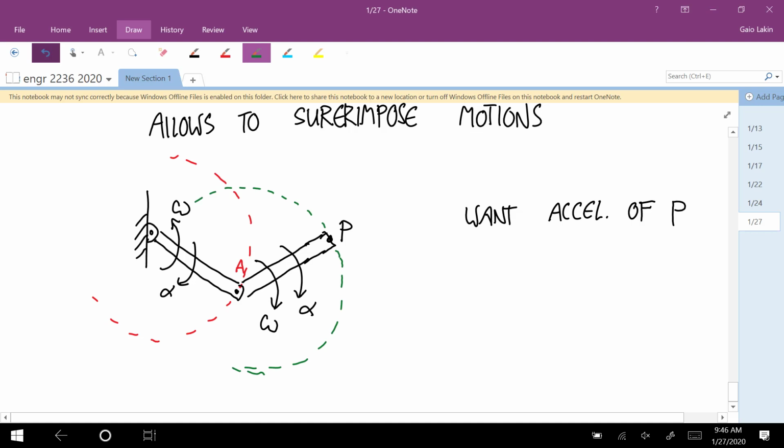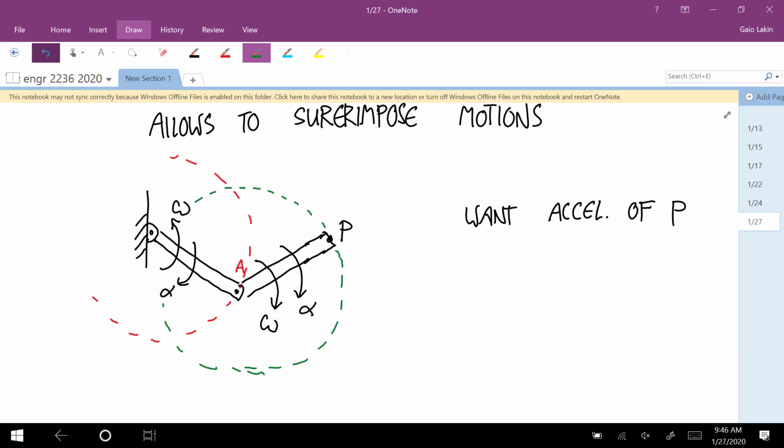It might seem like a problem that A isn't fixed to anything, but this relative motion idea is going to say we can calculate the acceleration of A compared to that, okay? Then we can use circular motion to calculate the acceleration of P as it would be seen by an observer at A. And it turns out that if you just add those two together, it gives you the acceleration of this point as observed in the world.